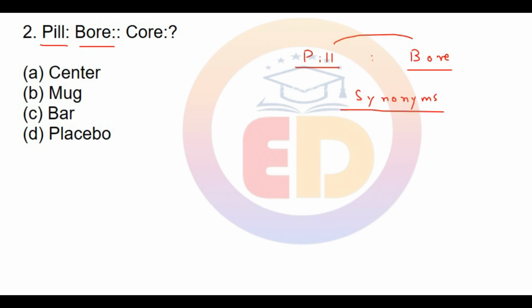Bore means a boring person, somebody who is very uninteresting, or a person who generally talks about uninteresting things is called a bore, and pill is a synonym for that. So the relationship between the first and the second word is a synonymous relationship.